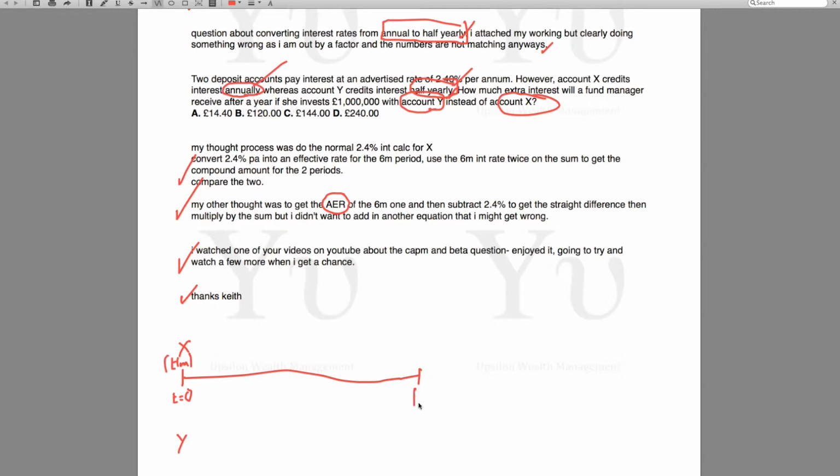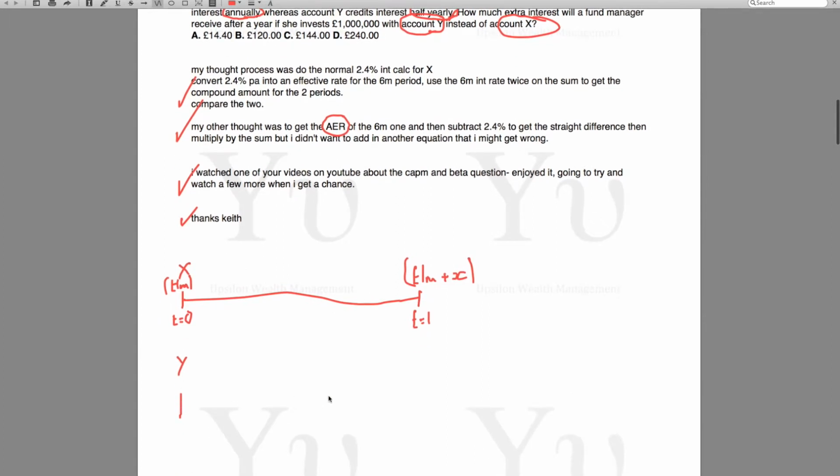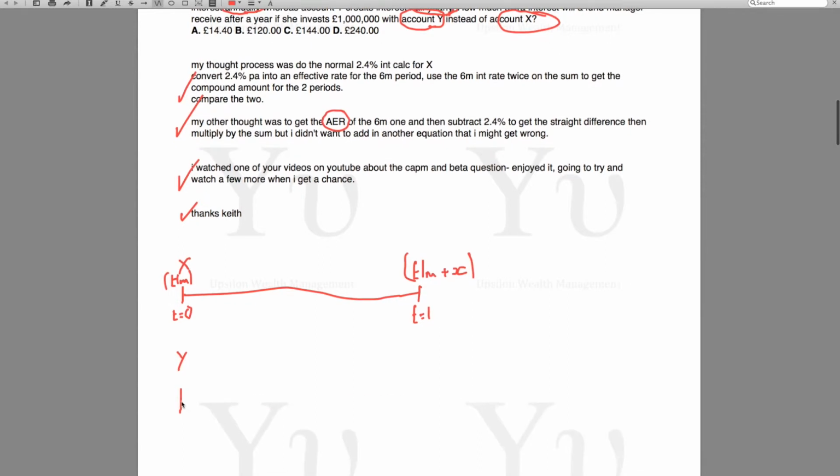And when time equals 1, we're going to get 1 million plus X. And with investment Y, we're going to have exactly the same principle.